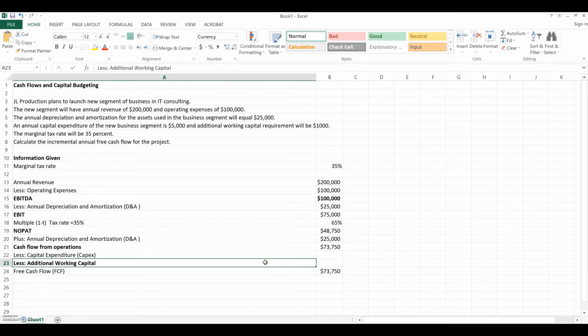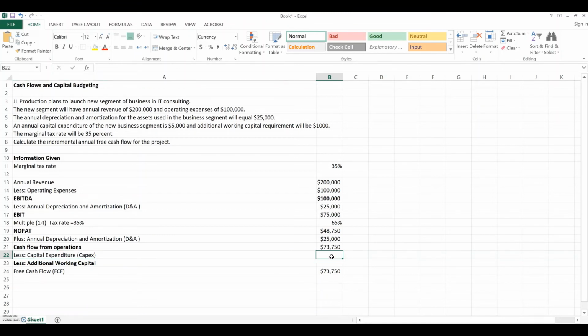From that, we have to deduct any kind of capital expenditure. Capital expenditure is also represented as CapEx. Now, capital expenditure, or CapEx, is the funds used by the company to acquire, upgrade, and maintain physical assets.